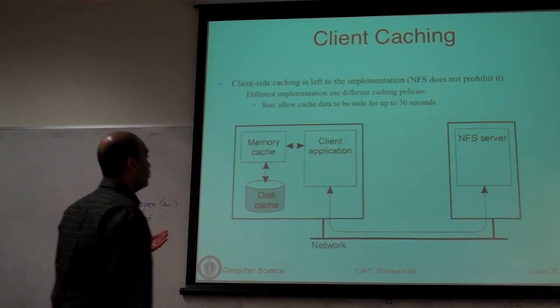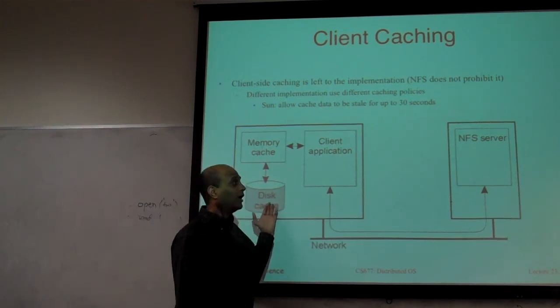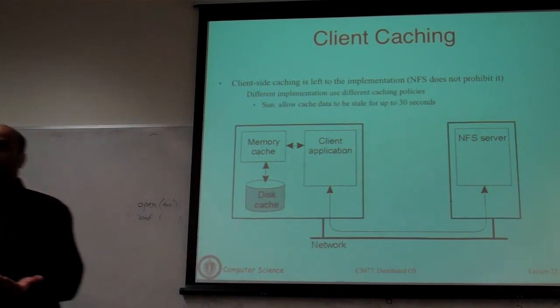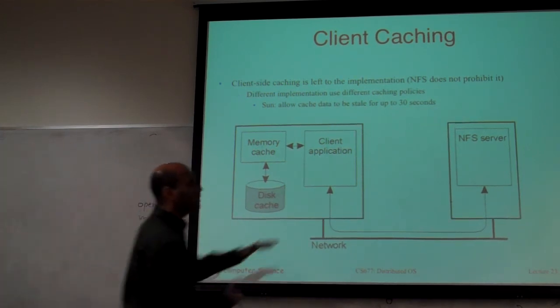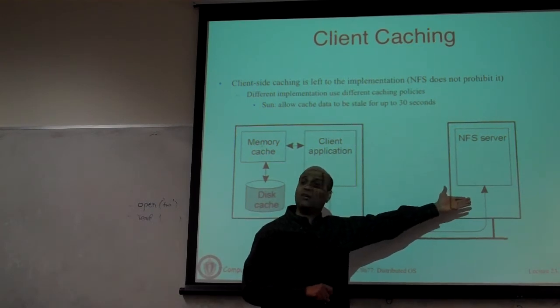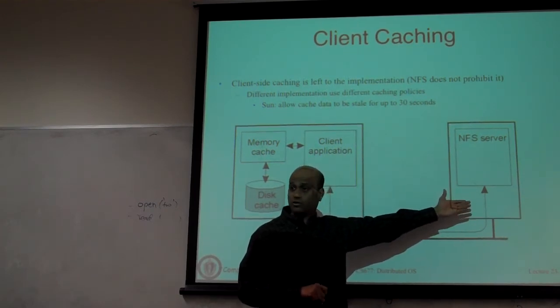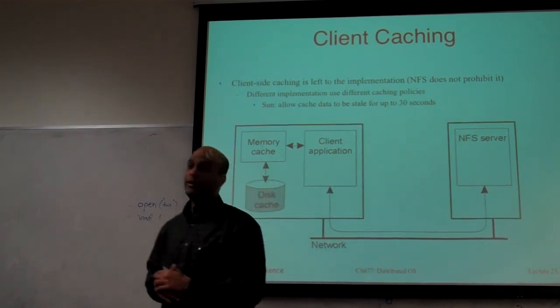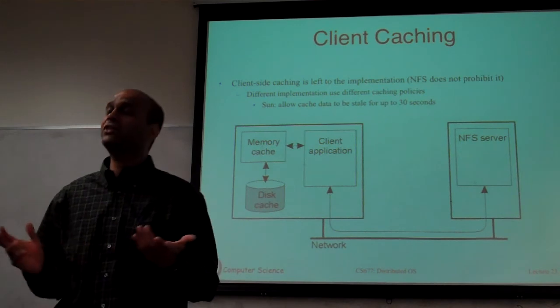So any writes that you do to an NFS file are not going to be seen by the server for up to 30 seconds. So if a second machine accesses the file at the same time, it could potentially see a stale version of the file, an older version, because you are not guaranteed that changes will be immediately visible. You can actually test this on most machines.